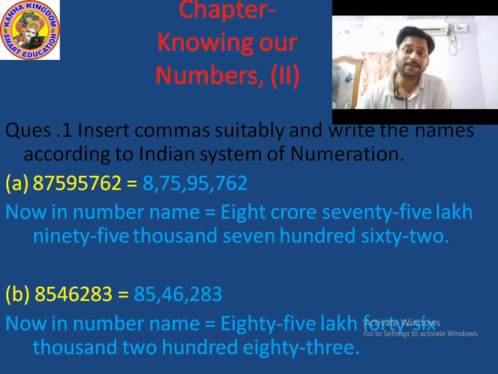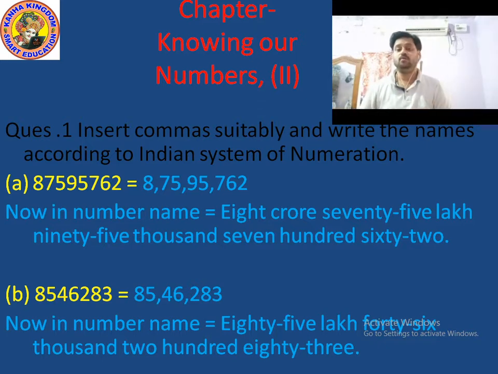So total how many digits? 8 digits. How do you find out? When you see the periods, and after knowing the periods, know the total digits. Okay, so total digits here are 8.